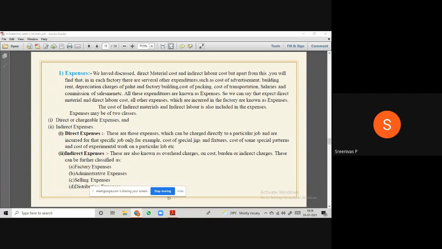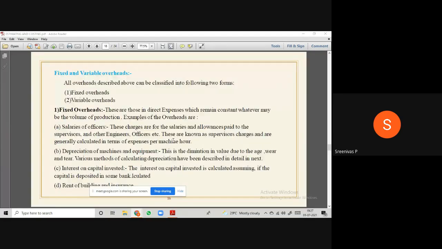For example, the cost of special jigs, fixtures, special patterns, and the cost of experimental work on a particular job. Indirect expenses include factory expenses, administrative expenses, selling expenses, and distribution expenses.